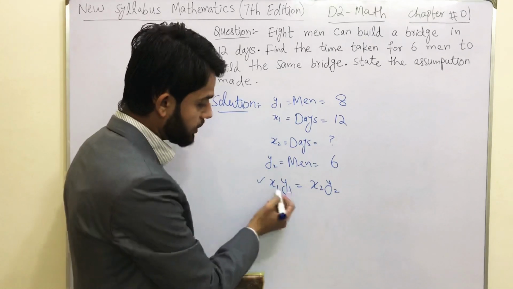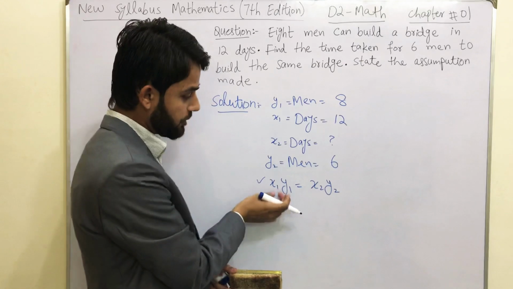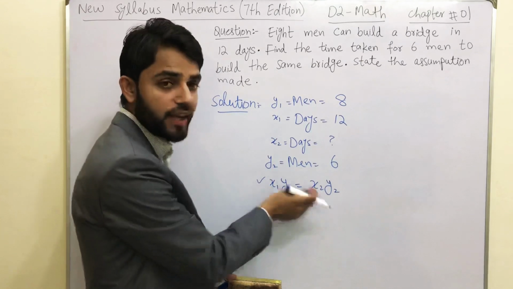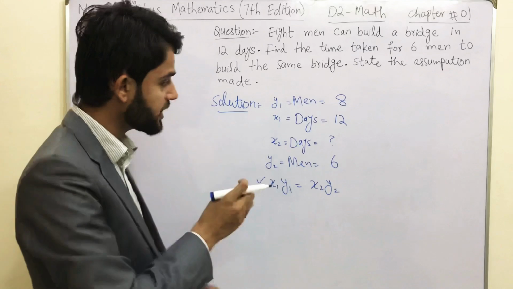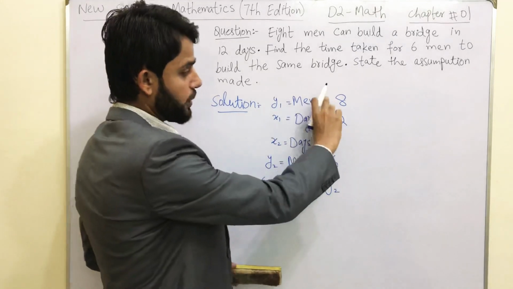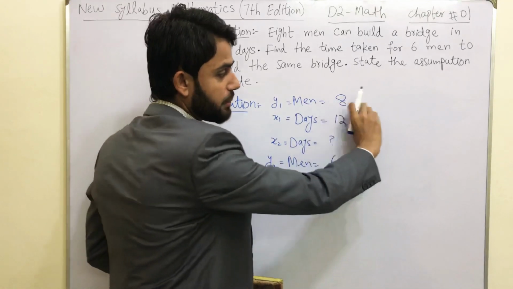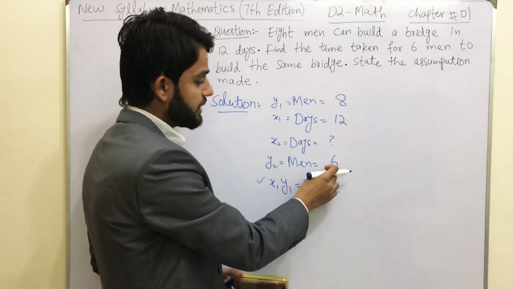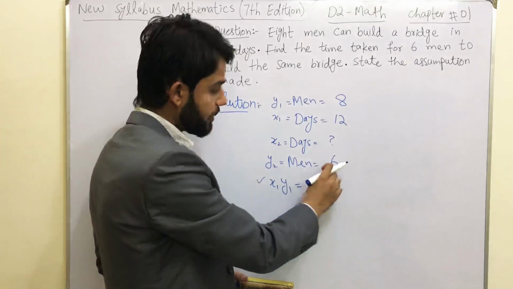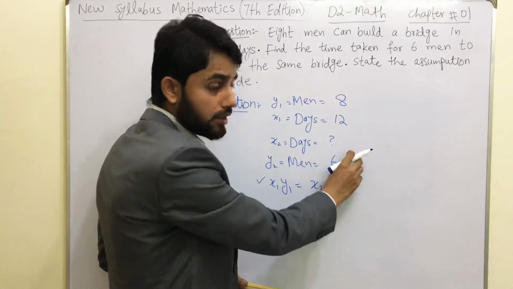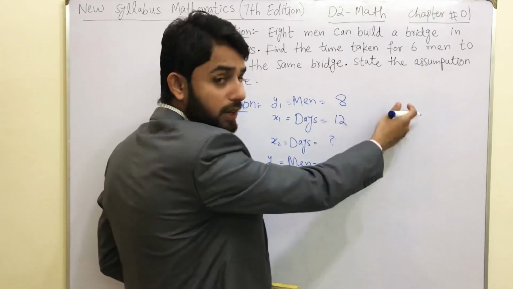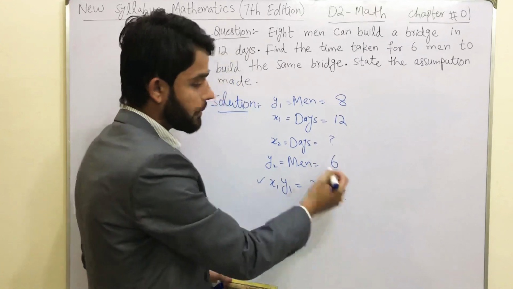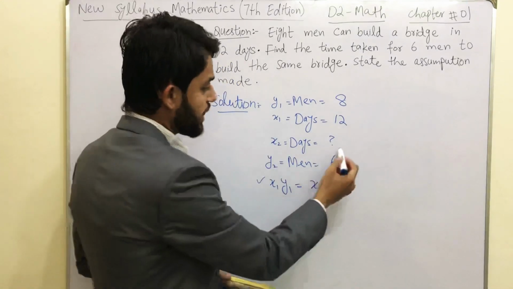So I am going to tell you how it is possible that x1 y1 equals x2 y2. This is the thing that you need to understand. Initially there were 8 men and 12 days. Obviously they are completing the project, and now we don't know the number of days, and we have the six men. Obviously they are going to complete the project, so over here we have the purpose to complete the project, and over here we have the purpose to complete the project as well.